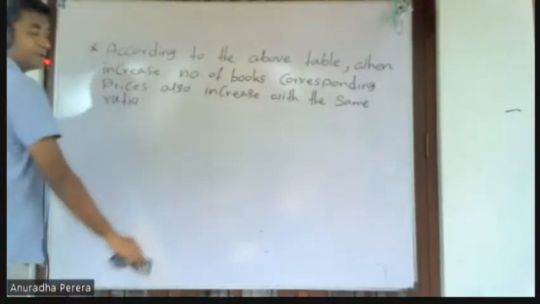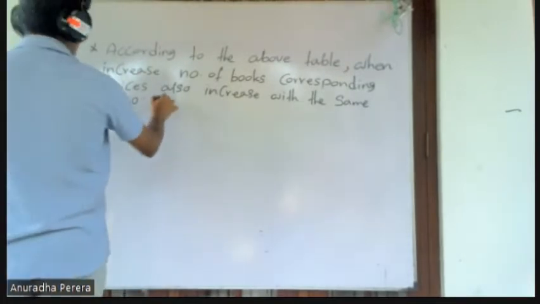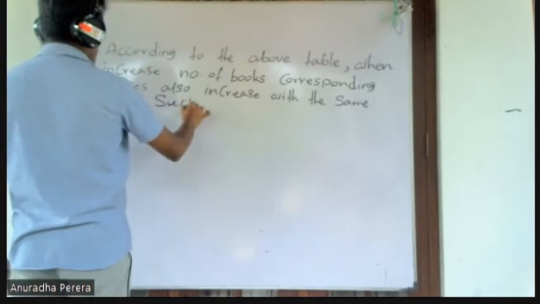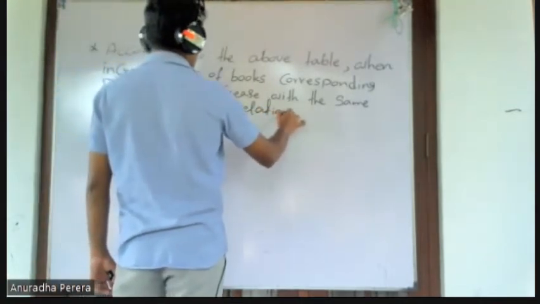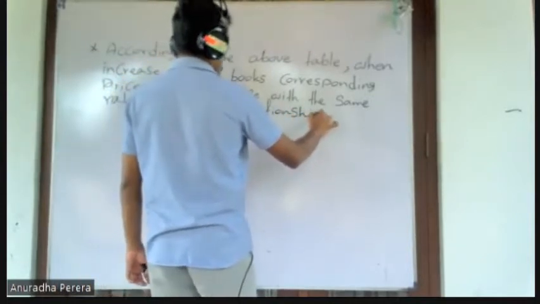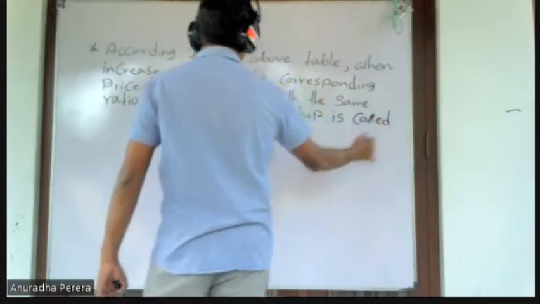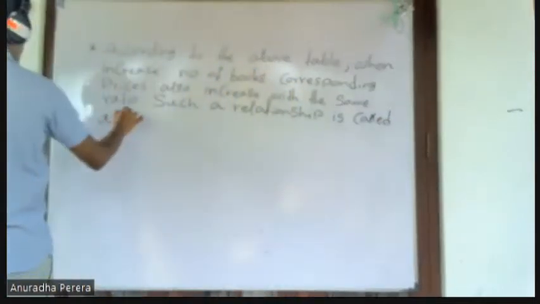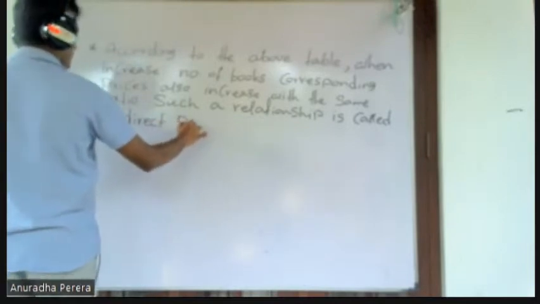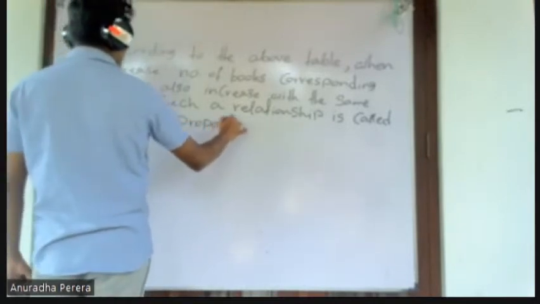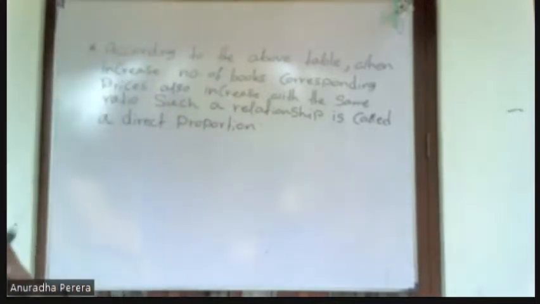Such a relationship is called a direct proportion.